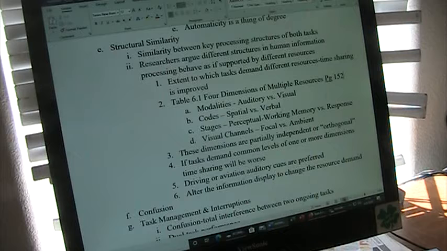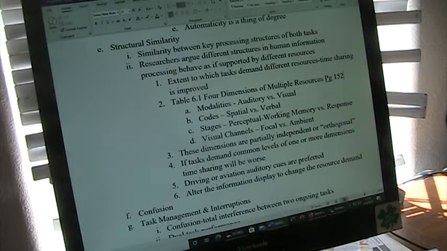Auditory could be a synthesized voice display or alarm, different tones, etc. Visual is going to be like print or display on your computer screen. Then we have codes, and that's going to be spatial codes versus verbal codes.